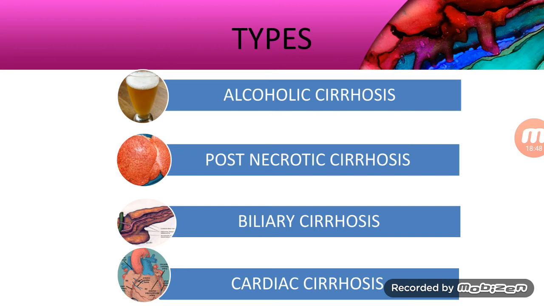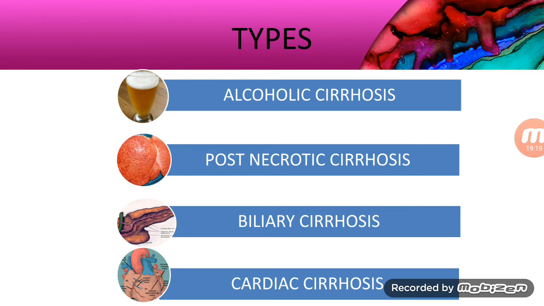First one is alcoholic cirrhosis. By the name itself, you will be able to identify this. Alcoholic cirrhosis is related to alcohol, so chronic alcohol abusers or alcohol consumption people are prone to this type of liver cirrhosis.